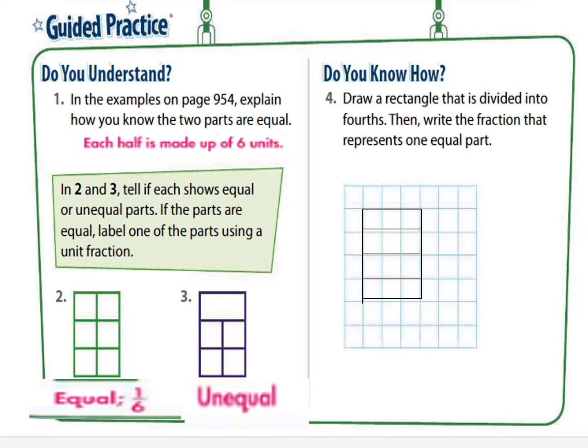So we have to draw four equal parts. In any way, draw a rectangle with four equal parts. And the unit fraction should be... excellent, 1 over 4.